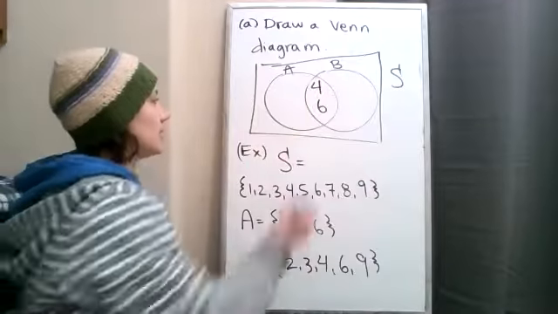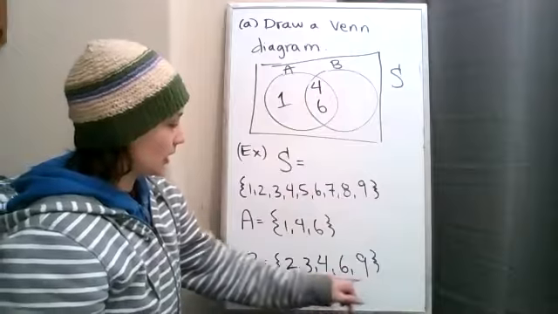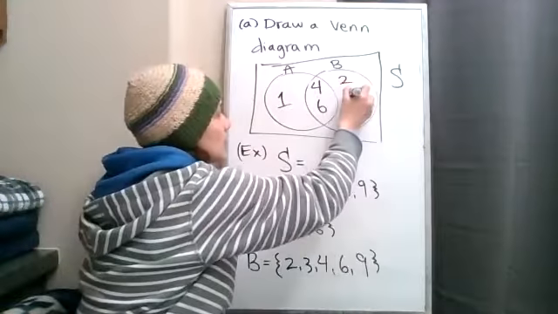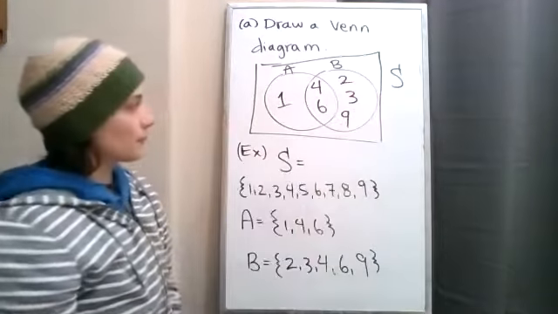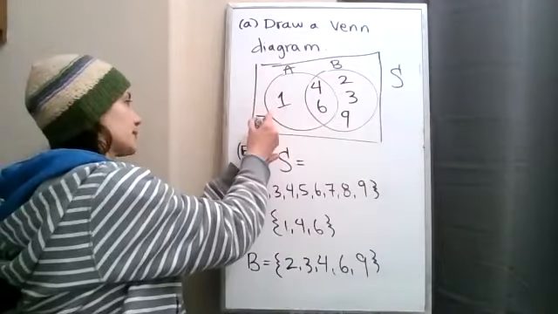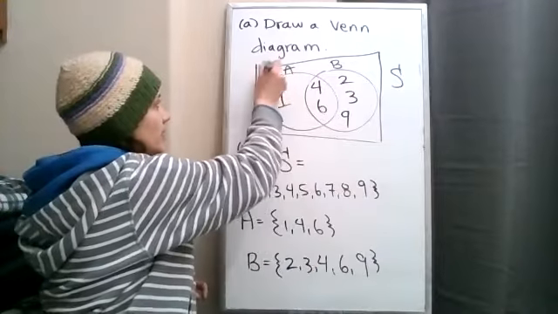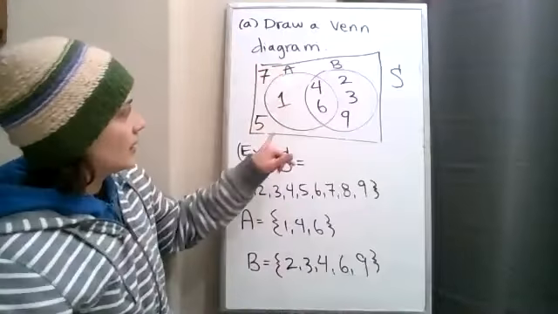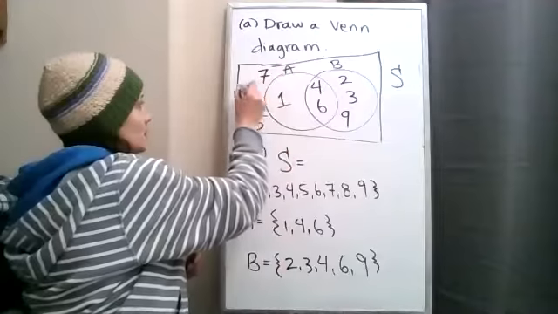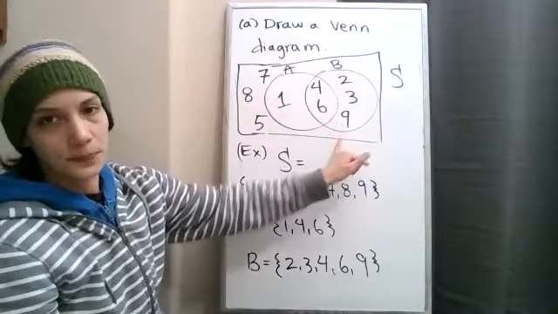We also have that element in A. 2, 3, 9. Okay. 1, 2, 3, 4, 5, 6, 7, and 8 and 9.